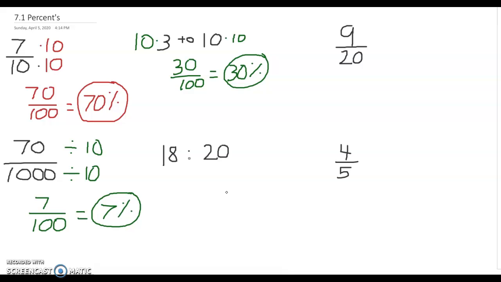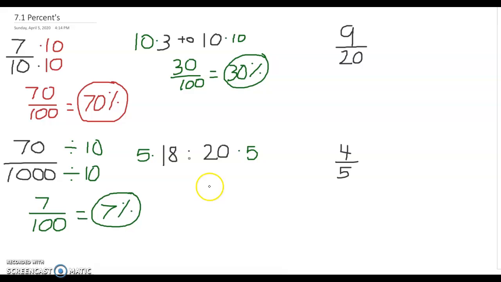Well, we're thinking about it, and we say to ourselves, how do we get 20 to 100? Well, we got to multiply it by 5. So we're going to multiply it by 5, and then we got to multiply 18 by 5.